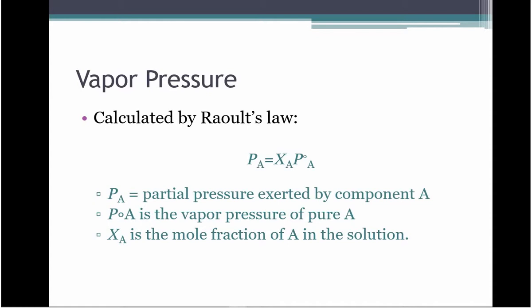In general, the idea is that your vapor pressure goes down in a direct correlation to the mole fraction of pure solvent. So here you've got the vapor pressure by component A, mole fraction of A, and this is pure A. Depending on how much you have, if it's 75%, 0.75 times this will give you the new vapor pressure.